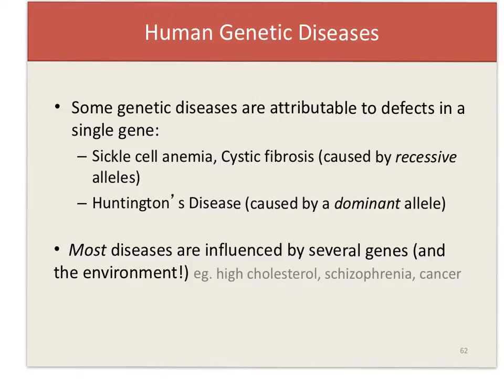Huntington's disease is a dominant genetic mutation. That means all you need is one copy and you will express the phenotype. In fact, with a dominant disease like that, if both parents had Huntington's disease and had a child, the ones that inherited two copies, that fetus would never develop normally and would not actually be born alive.